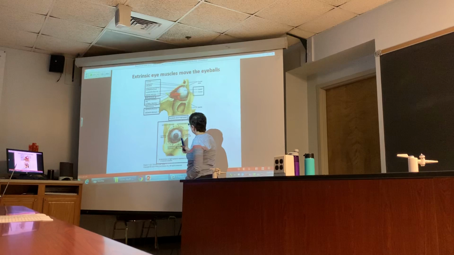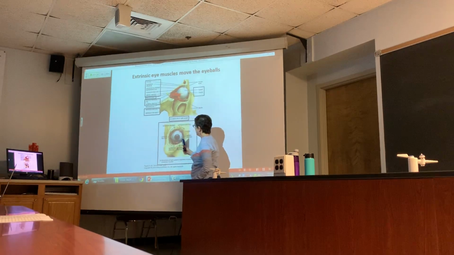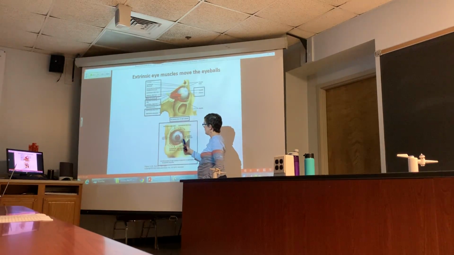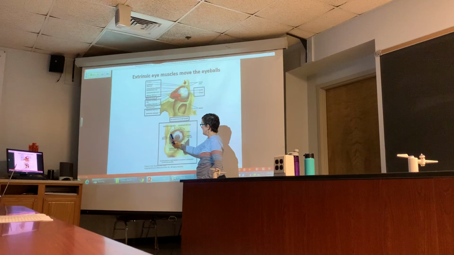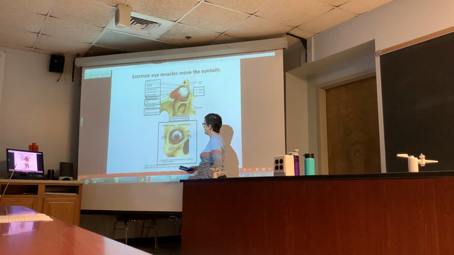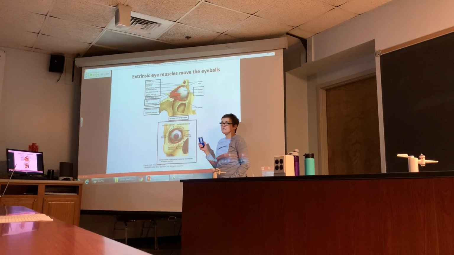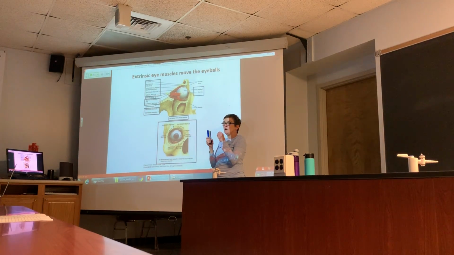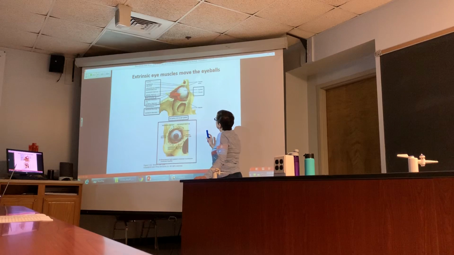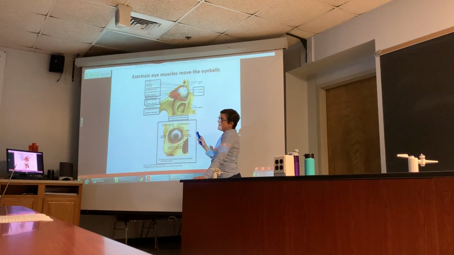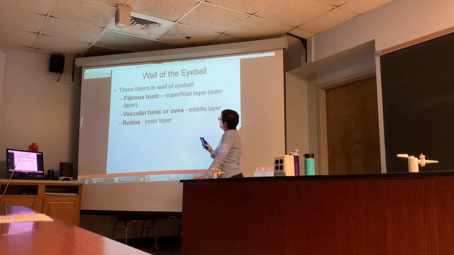All but one, this one here actually originates in the corner of the eye down here and attaches like that. That's the inferior oblique. But these muscles, there's 6 of them, and they move the eye in different ways, allowing you to move your eyes around in your head. So those are under your somatic control.